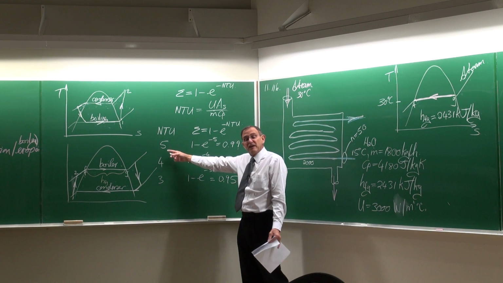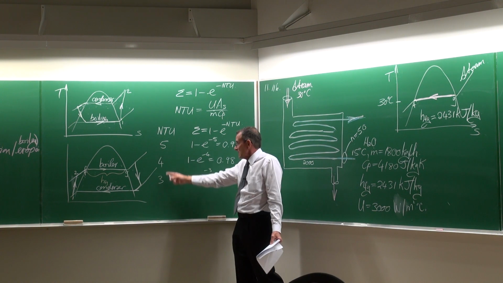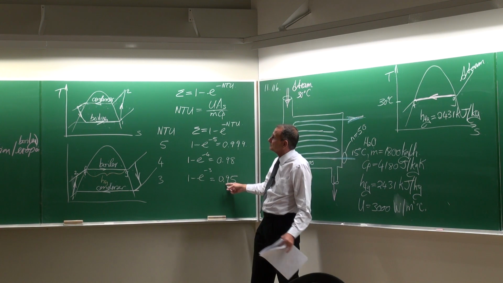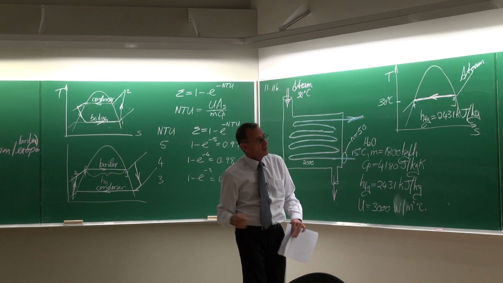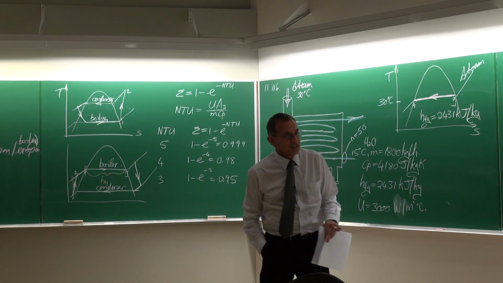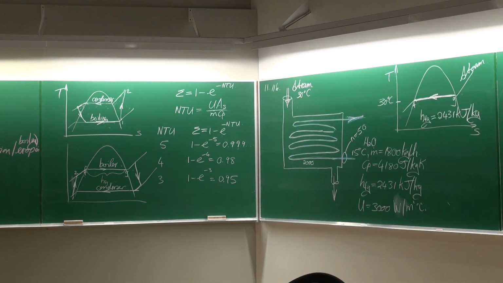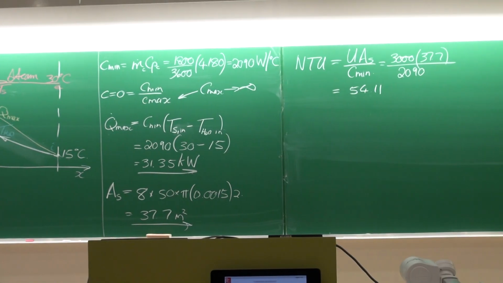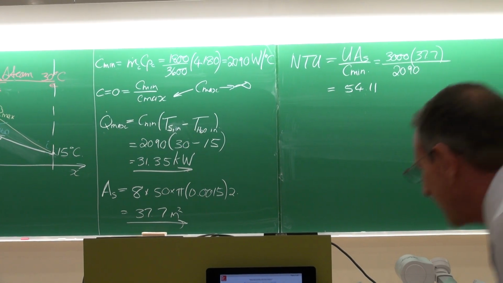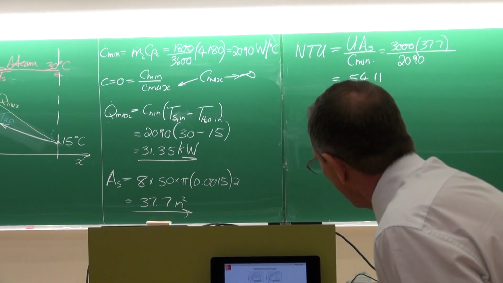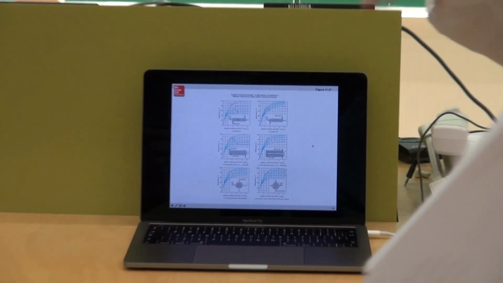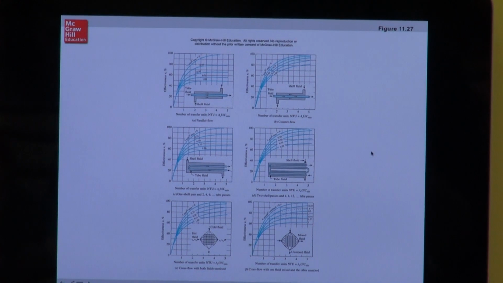So in general, never go more than 5. Even 3, as you can see already, is sort of the upper limit. What is also important to see is, if you look at the graphs of the effectiveness as a function of the number of transfer units for a tube-in-tube heat exchanger and all the different heat exchangers.